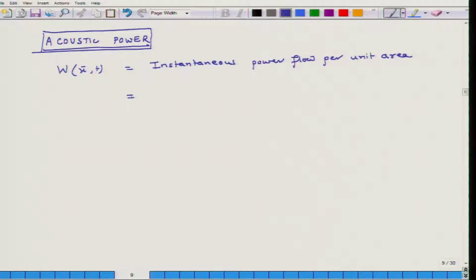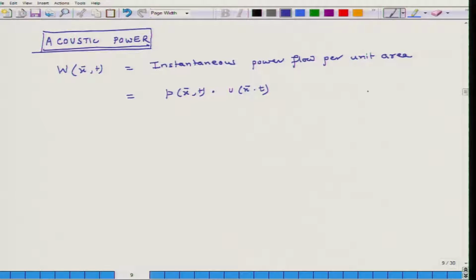In the electrical world it was voltage times current, here it is pressure, and pressure can change with respect to position, and then I multiply it by the normal velocity. That is why I have a dot product, u of x and t. So, what does this dot product mean?